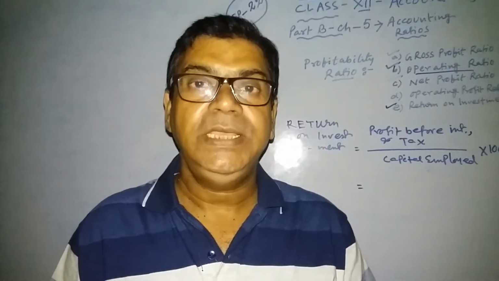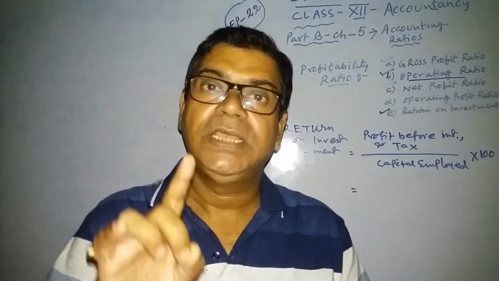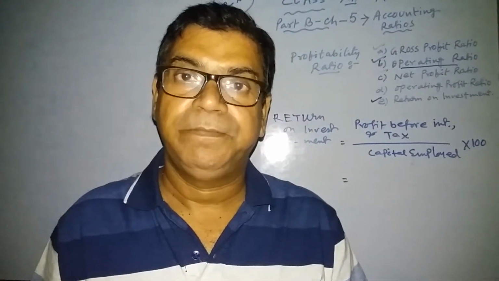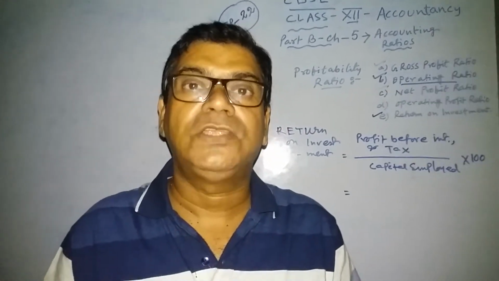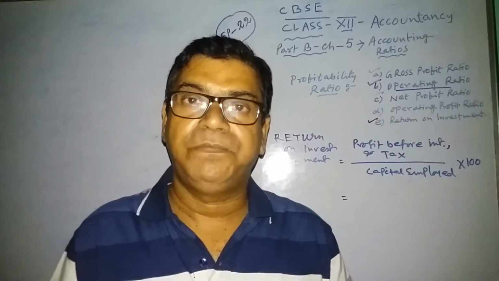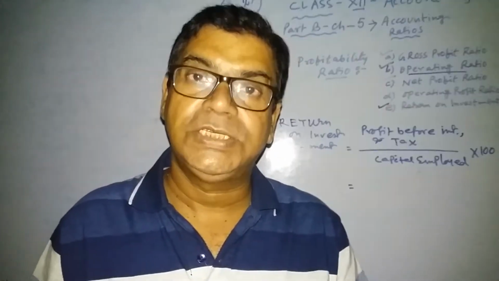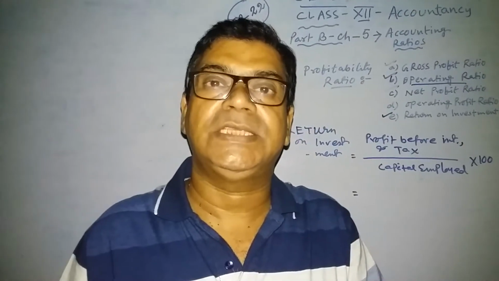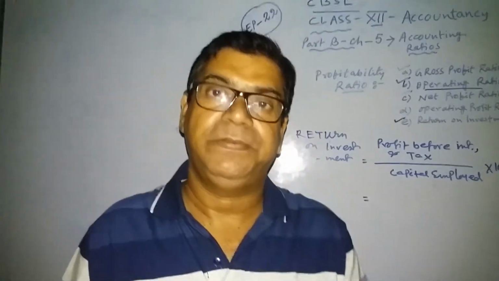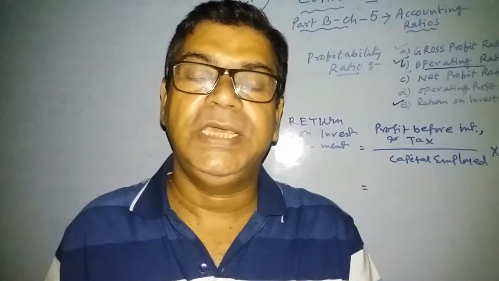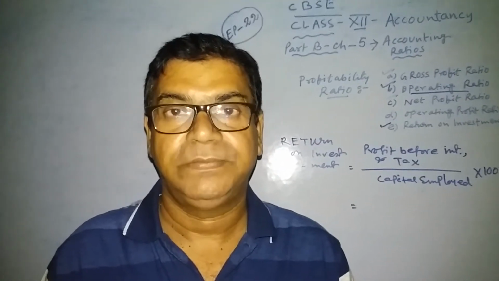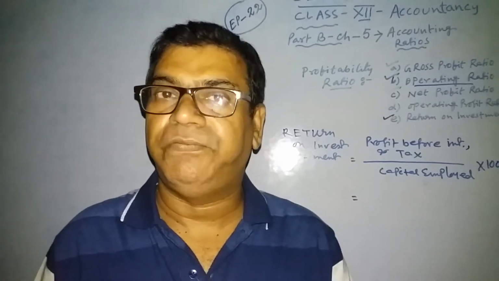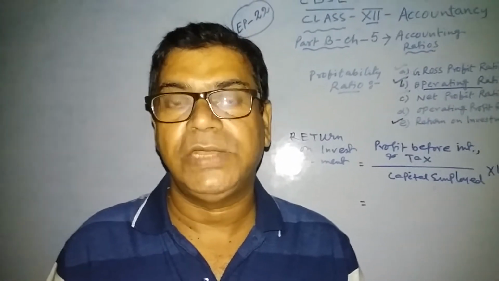After that, the company has to pay the dividend to the preference shareholders at a fixed rate. And after payment of dividend to the preference shareholders, the company's rest profit is called profit after interest, tax and preference share dividend. So whatever rest profit is there is distributed among the equity shareholders. But the rate of dividend is not fixed for the equity shareholders.